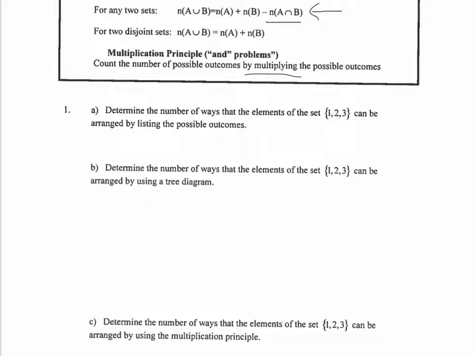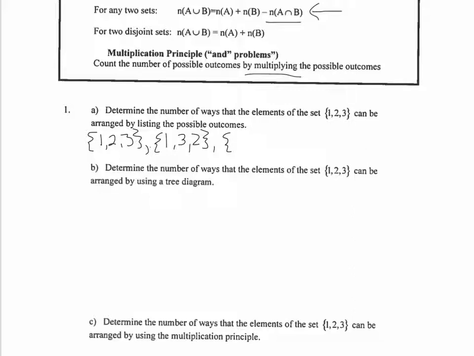Okay, so if we were to list them, we would have the way that it appears: 1, 2, 3. That's one possibility. I could also have 1, 3, 2. I could switch the second and third items in my list.